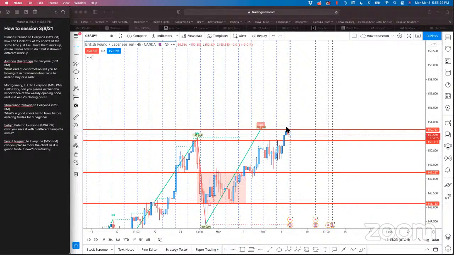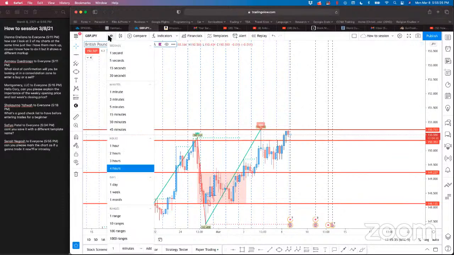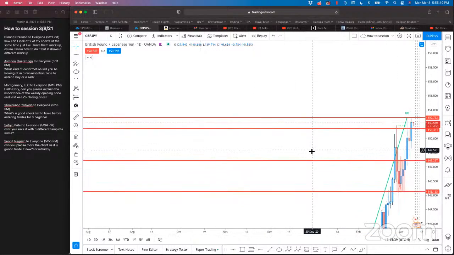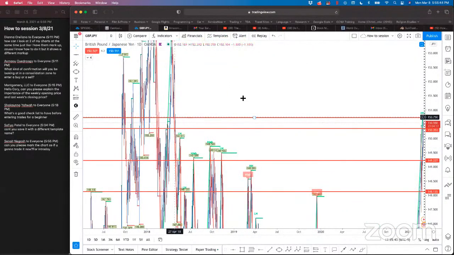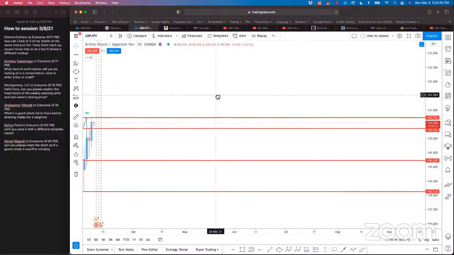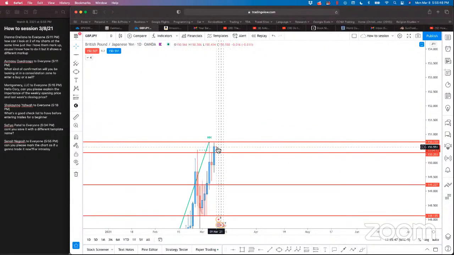If we took this trade, it would be reacting to a daily high, because we haven't been in this area in quite some time, since 2018. So price at this level is going to give more of a move than price from, let's say, a 15-minute area.